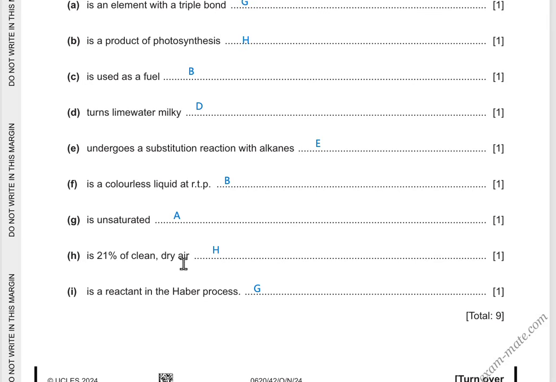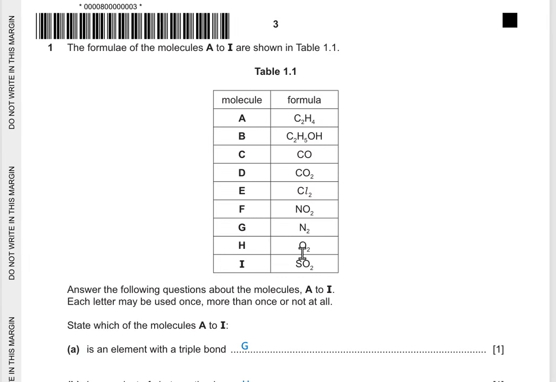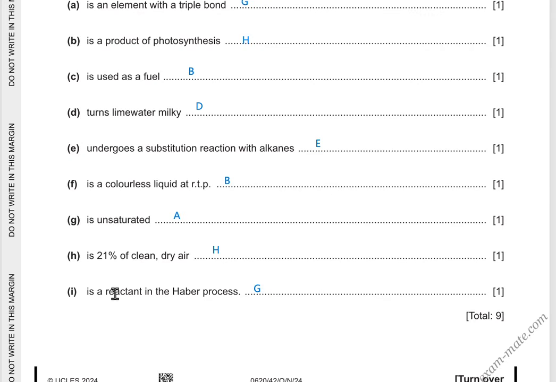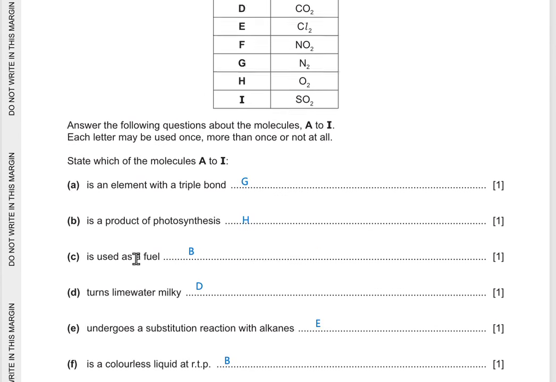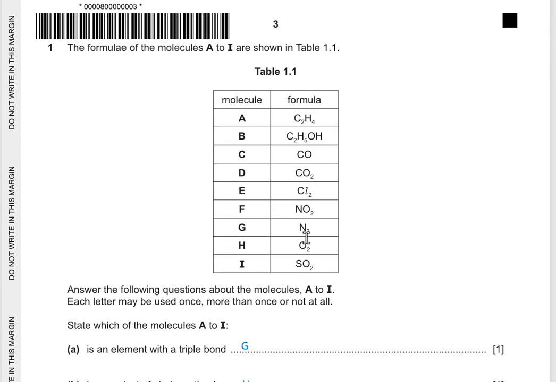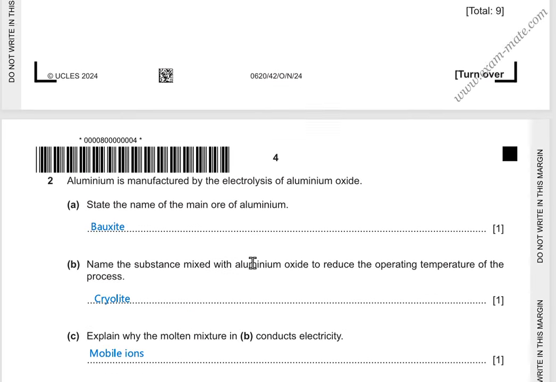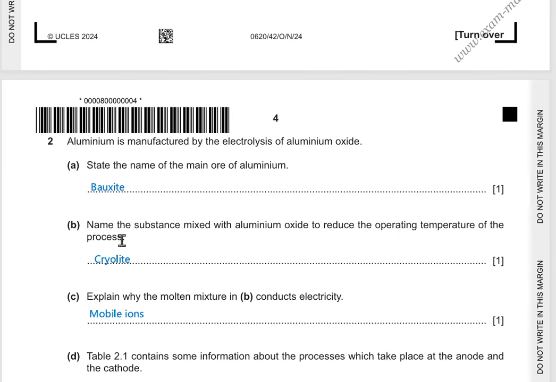Is 21% of clean dry air. We know that it is oxygen. H is a reactant in the Haber process. We know that nitrogen and hydrogen react to form ammonia, so it's either N or H here.